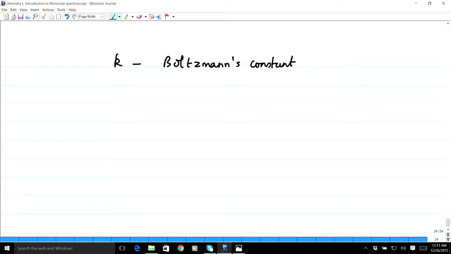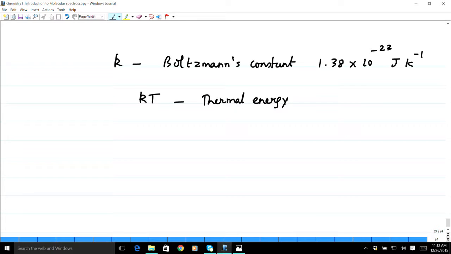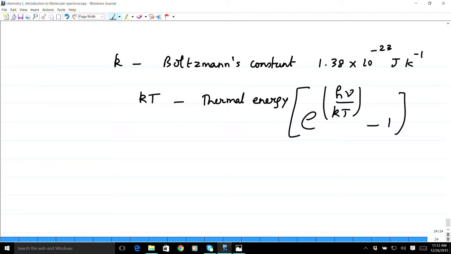The value is approximately 1.38 times 10 to the minus 23 joules per Kelvin, and kT is thermal energy at any given temperature T, and h nu by kT is the factor which, when exponentiated, gives us the weight of the frequency nu to the radiation density rho nu.